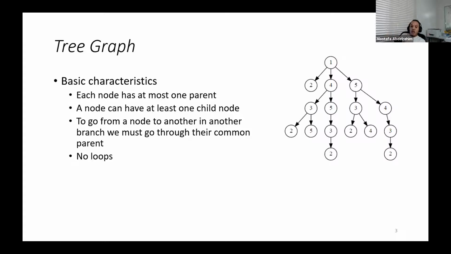So the goal will have no child. So in our example, in our RRT, this root node will be the start node, and one of those will be our goal node.